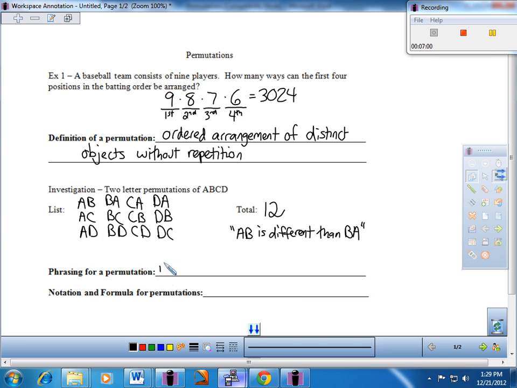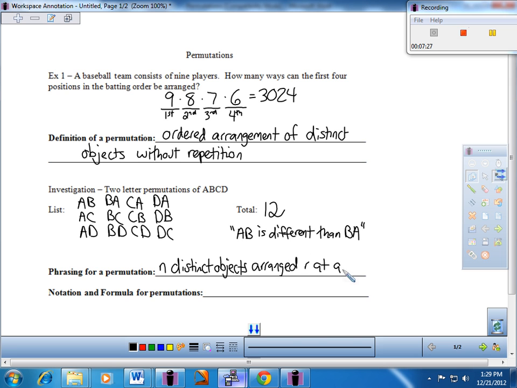What we're going to do is start out with a certain number of objects, n objects, distinct in nature. For the investigation, it was 4 distinct letters. For example one, it was 9 distinct players. So we start with a group of objects, for lack of a better description, and we are going to arrange those a certain number at a time.